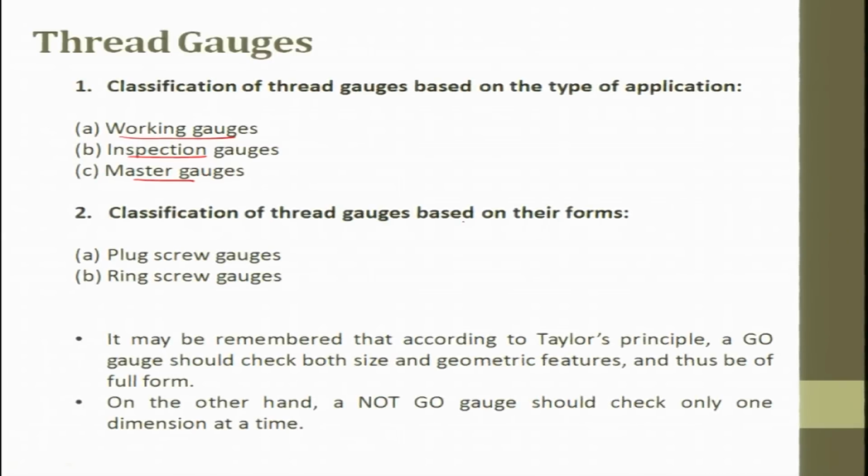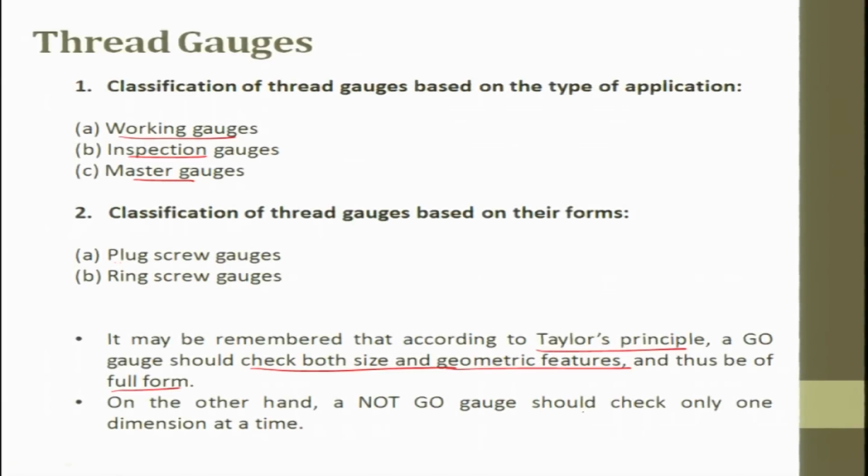Then the classification of thread gauge based on form, you will have a plug screw gauge or a ring screw gauge. Again, these gauges follow Taylor's principle for go gauge and no go gauge. A go gauge should check both sides and the geometric features and thus must be in full form.